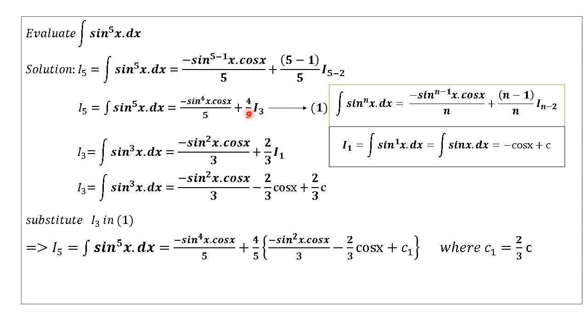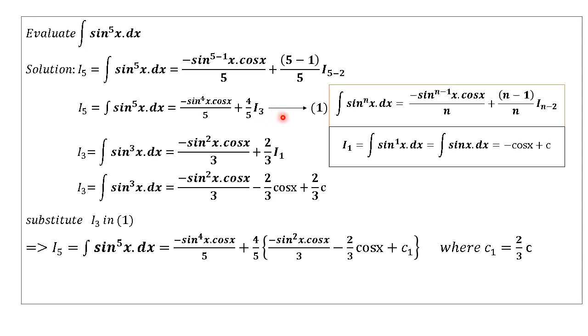So now we have got the value for integration of sin to the power 5x into dx in terms of I3, it means in terms of integration of sin to the power 3x into dx. Now again we will find out the value of this integration by using the same reduction formula.